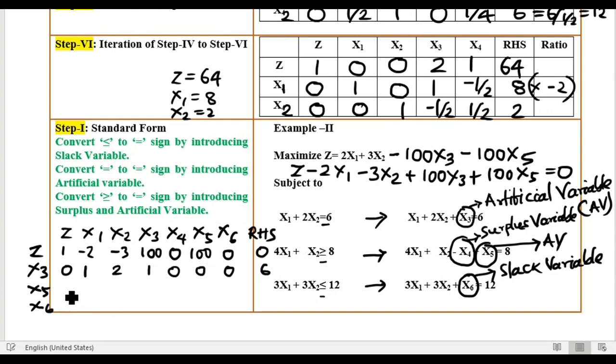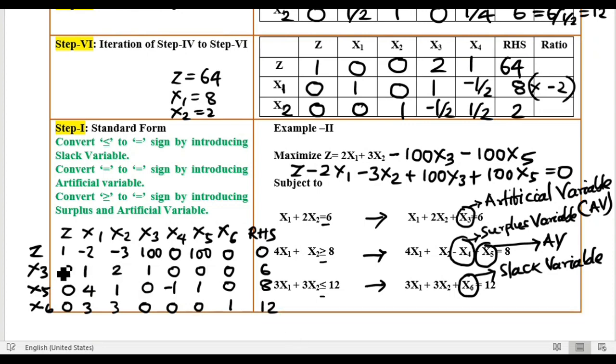Similarly for x5, I'll write z equal to 0, this is 4, x2 is 1, there is no x3, x4 is minus 1, and there is no x6, and this is 8. And then for this row I'll write 3, this is also 3, and then 0, 0, 0, this is 1, and this one will be 12.